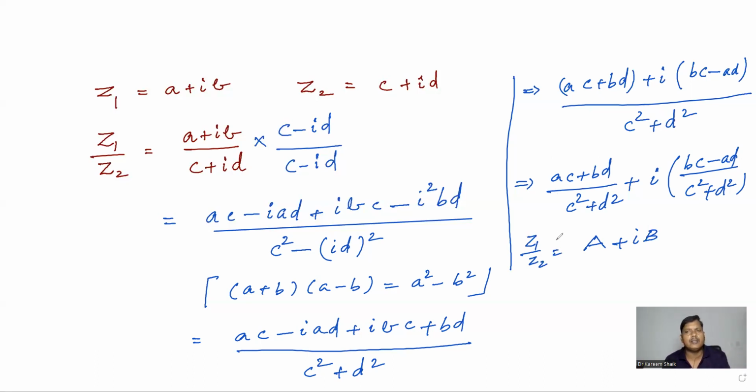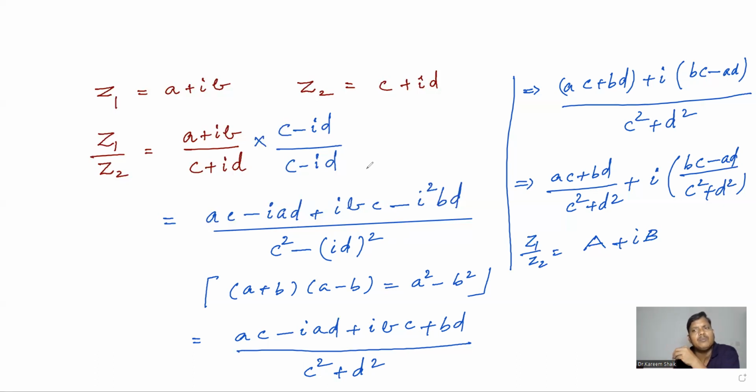Now observe, you get Z1 by Z2 in the form of a complex number. So what we can understand from here is that the division of two complex numbers is also a complex number. Again, I am recapping what we learned today, the arithmetic properties of complex numbers, that is addition, subtraction, multiplication and division. The sum of two complex numbers is also a complex number, the difference is also a complex number, the product is also a complex number, and the division of two complex numbers is also a complex number.